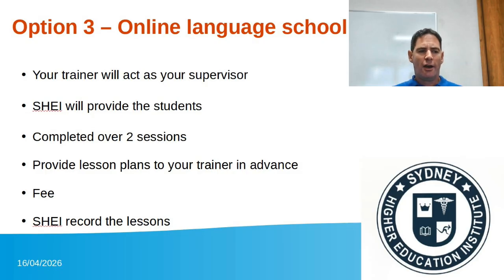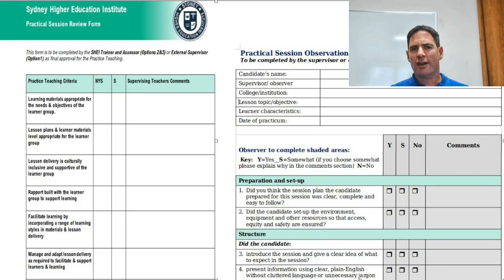So I really encourage you to check through these documents, which is what your supervisor will actually be completing as they observe you doing the practicum, because they act as a little bit of a checklist about what should be included in your practicum. So, for example, there might be something about pronunciation and the need for phonemic symbols.